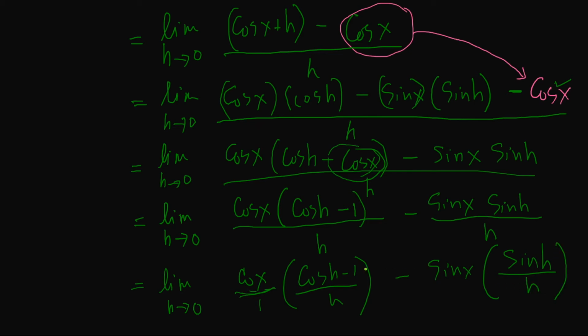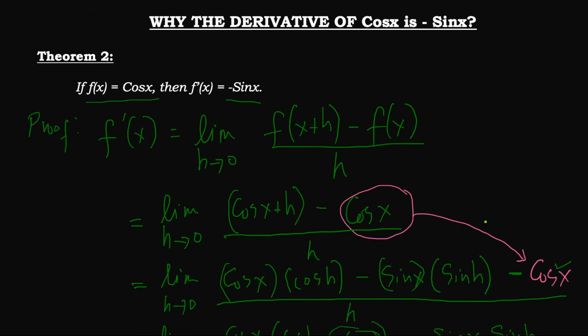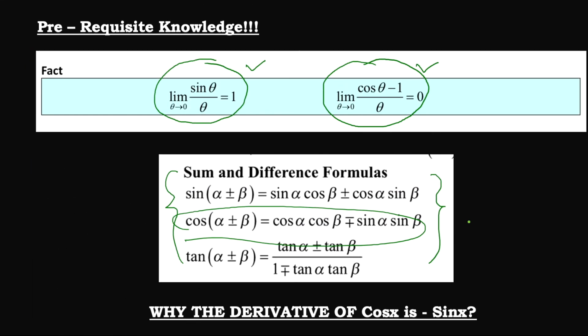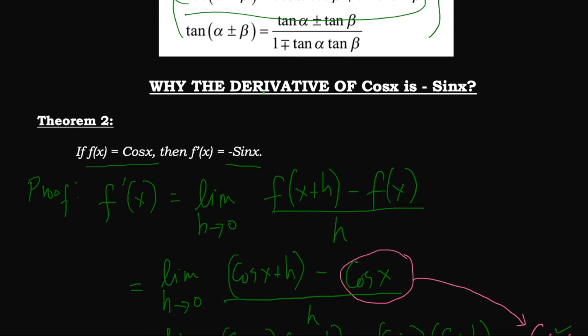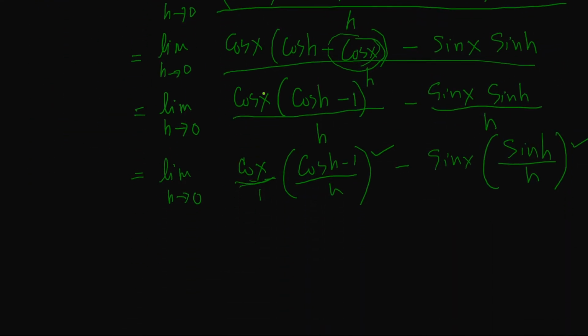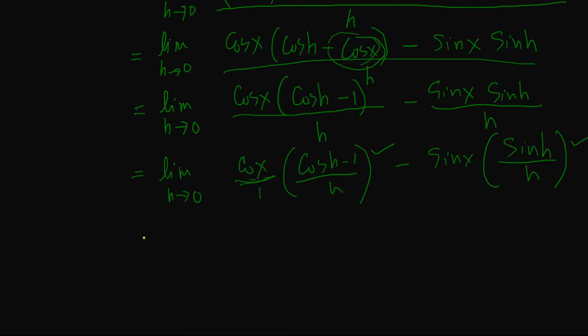I have rewritten this in this manner because I know that this expression here and this one, I could use our previously known knowledge from your pre-calculus subject, which is this one and this one, which are respectively equal to 1 and 0. So take note why I have rewritten our numerator and our expression in that way.